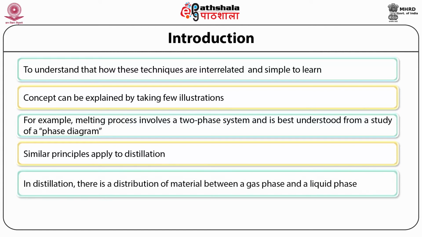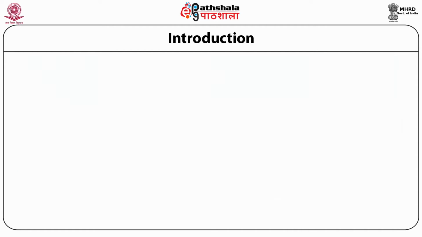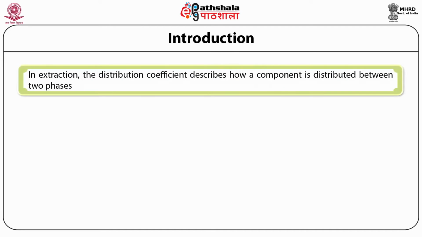In distillation, there is a distribution of material between a gas phase and a liquid phase, whereas in extraction, there is a distribution of material between two immiscible liquid phases. In extraction, we develop the concept of a distribution coefficient, which describes how a component is distributed between two phases.